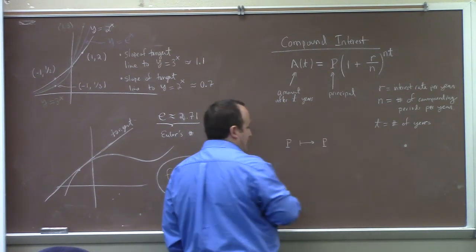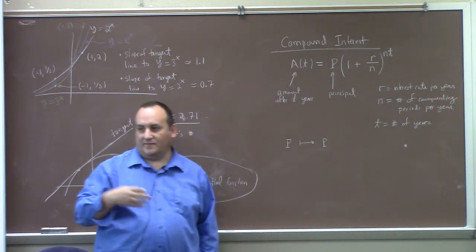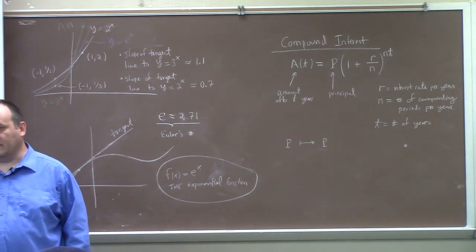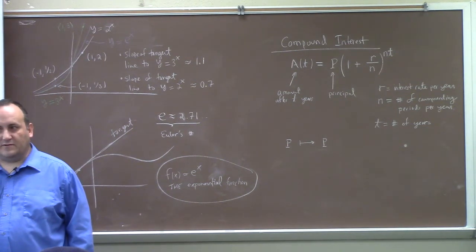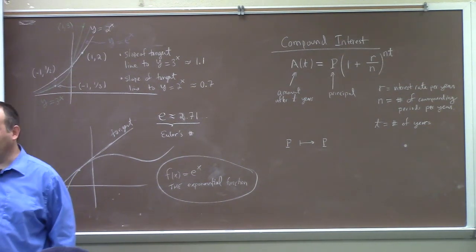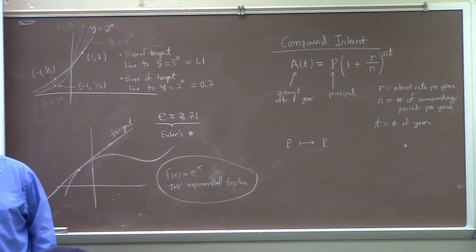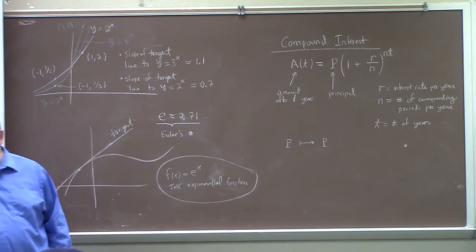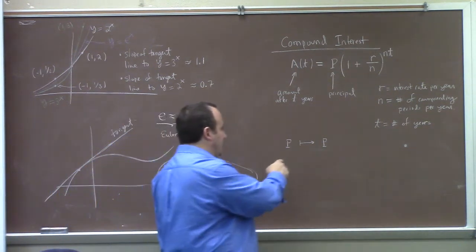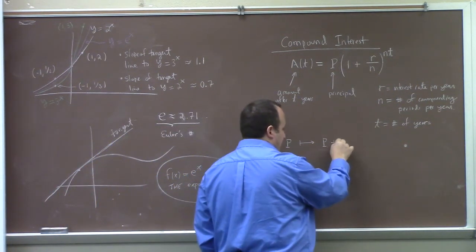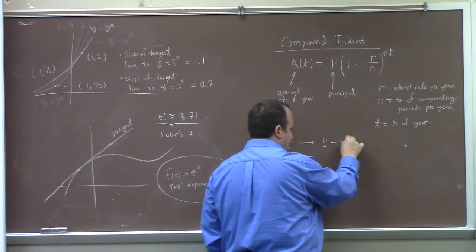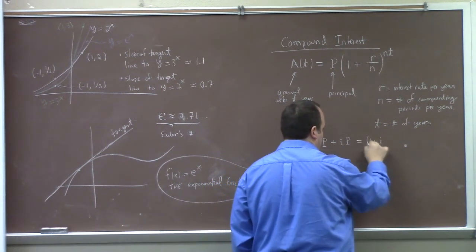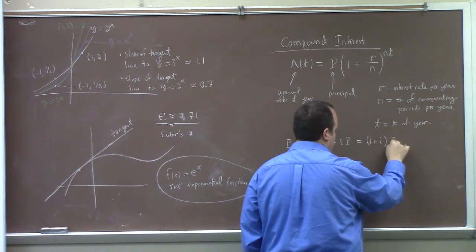If the interest rate per compounding period is i, say 10%, and you've passed the amount of time it takes to earn the 10%, then your investment changes from P to P plus i times P. So that's 1 plus i times P.